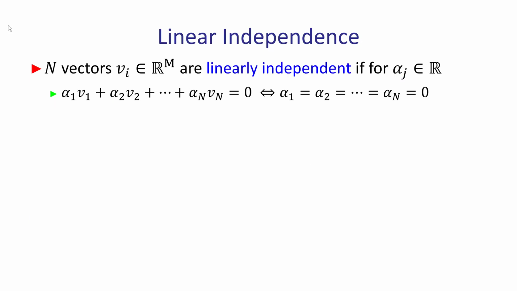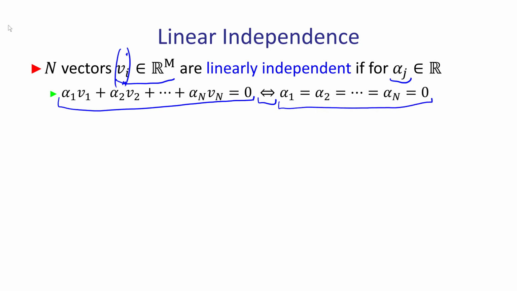N vectors, which we define in space R to the power of m, which means every one of them has m coefficients from 1 to m, are linearly independent if for all of the numbers alpha j, which are just arbitrary real numbers, the linear combination of the vectors v1, v2, v3, and so on until vn equals 0 if and only if all of those coefficients equal 0. So this is the unique solution to that system of equations.